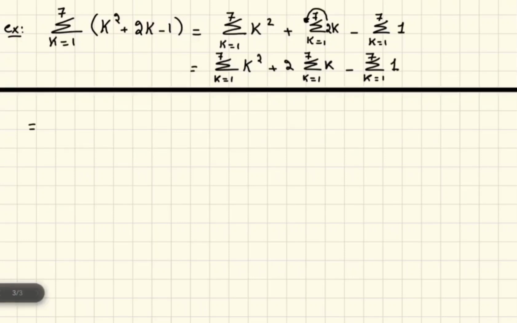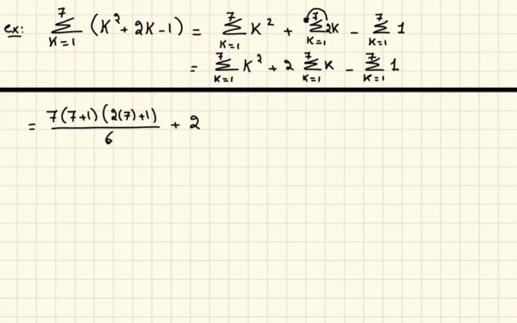Alright, now sigma of k squared, we know it's going to be n multiplied by n plus 1 multiplied by 2n plus 1. n in this case is 7, so it's going to be 7 plus 1 multiplied by 2 times 7 plus 1 over 6, plus 2 multiplied with the sigma of k from 1 to n, which is just n multiplied by n plus 1 over 2, and n in this case is 7, so we write 7 plus 1 over 2.